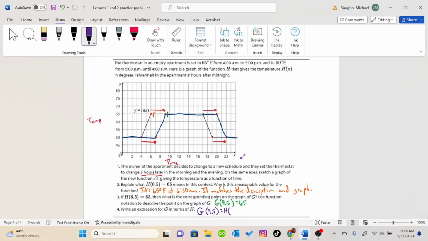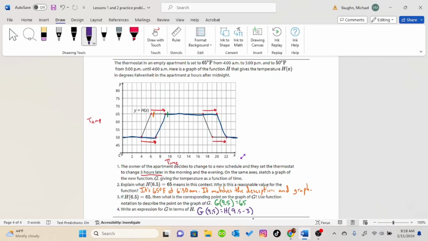So we would need to say that h of 9.5 minus 3, because 9.5 would be our x.